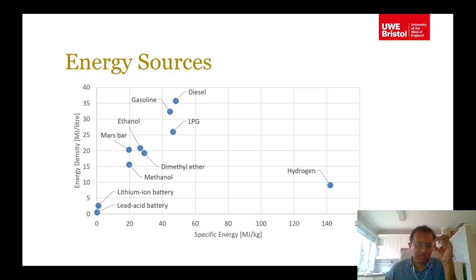But if you can pressurize it, you can have a really high energy density with hydrogen. So hydrogen's specific energy is more than 3 times that of LP gas, gasoline, or diesel in any other form.